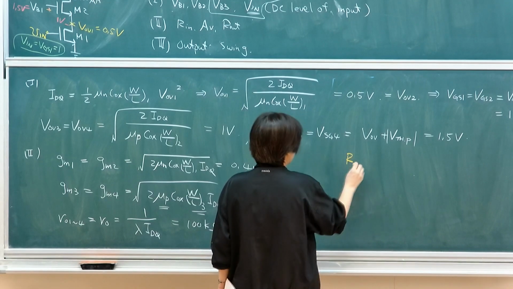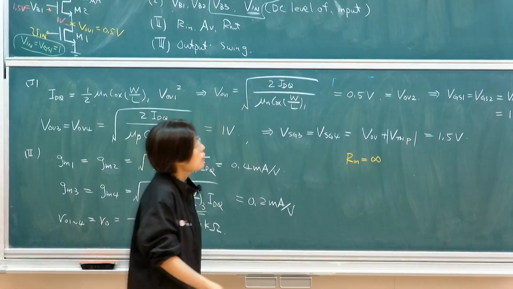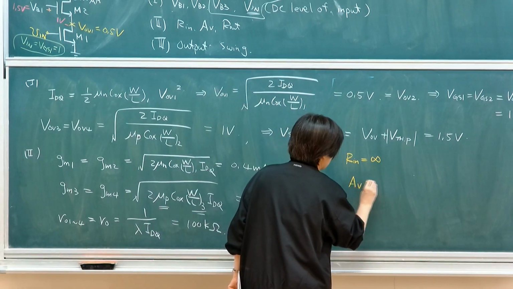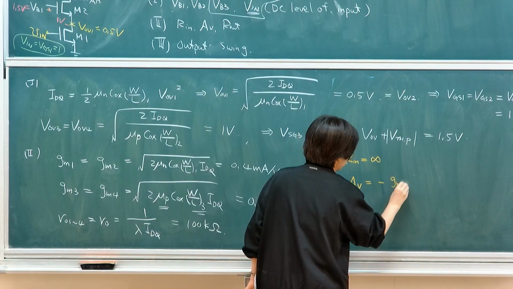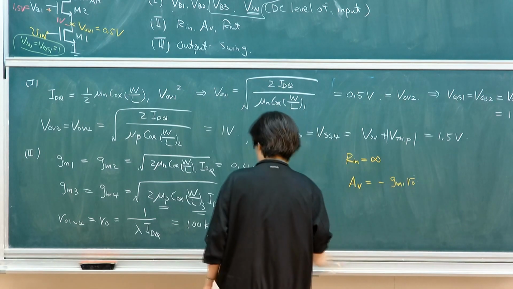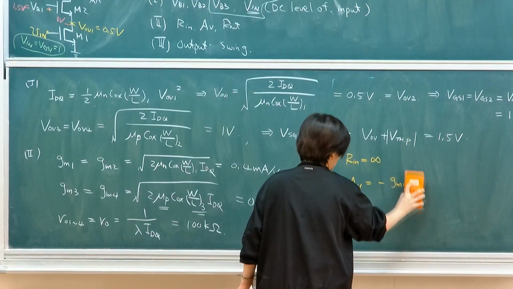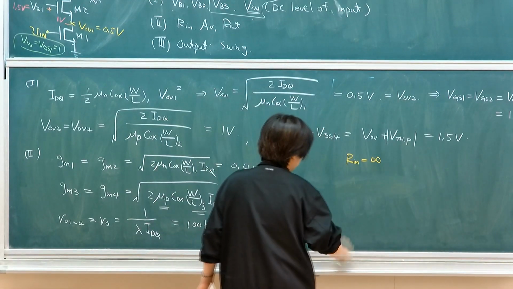So once we have all this prepared, Rin is infinite because we're looking in from the gate. Voltage gain is, remember, GM1 times R out. Let me write R out first.